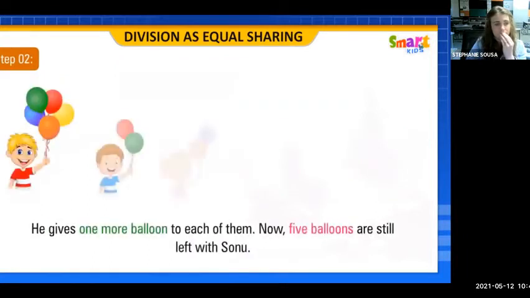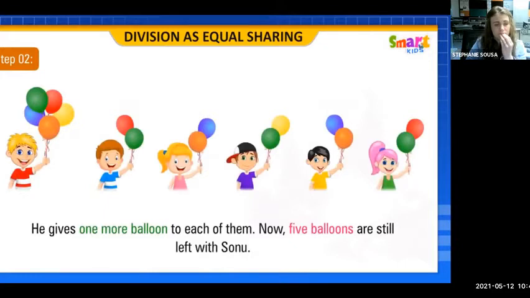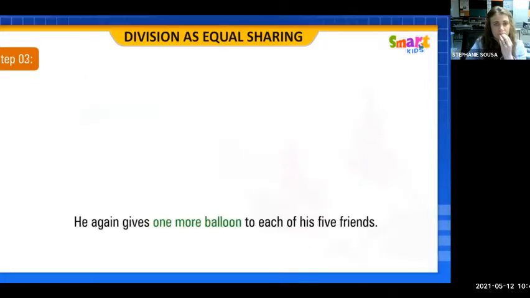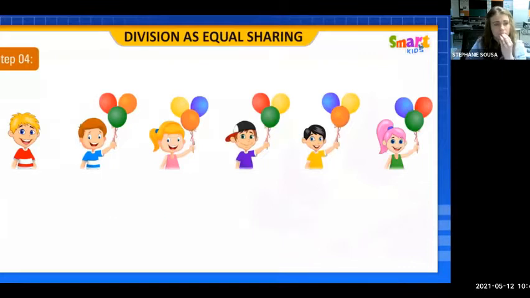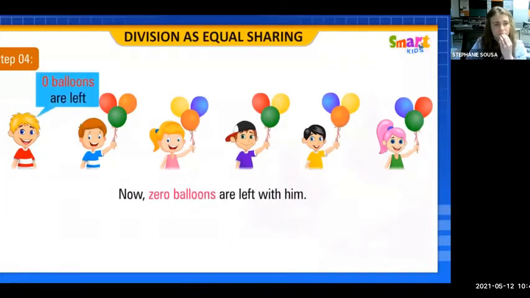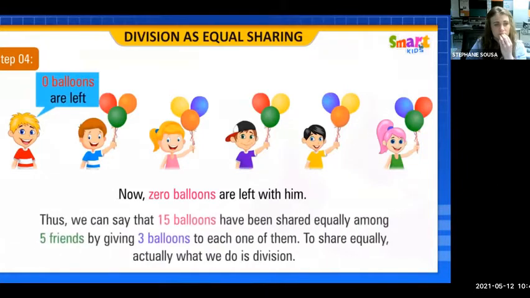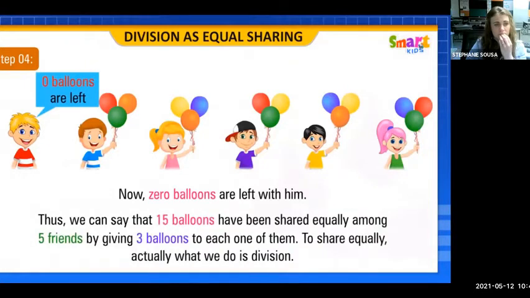Step 2. He gives one more balloon to each of them. Now 5 balloons are still left with Sonu. Step 3. He again gives one more balloon to each of his 5 friends. Step 4. Now 0 balloons are left with him. Thus, we can say that 15 balloons have been shared equally among 5 friends by giving 3 balloons to each one of them.